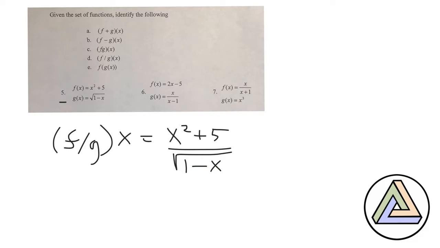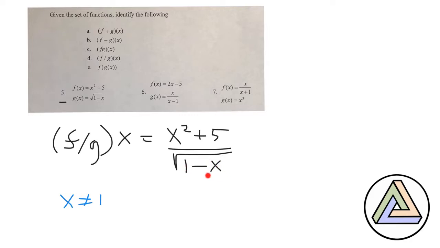So I would actually go off to the side, and I would realize that 1 minus x, well, let's just say x can't be 1. We know that for a fact, right? X cannot be 1, because if x was 1, it'd be 1 minus 1, then the whole thing would be 0.